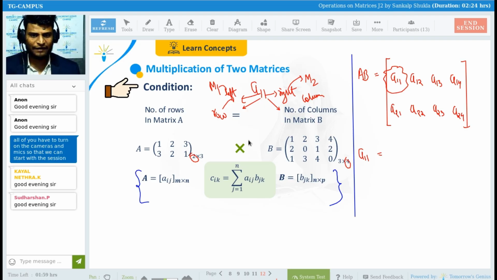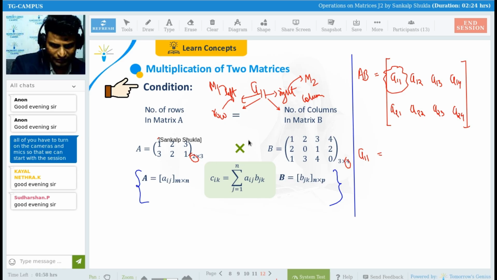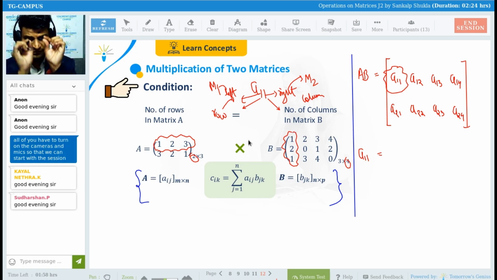So A11 means I have to pick the first row from matrix 1 and the first column from matrix 2. The first row is 1, 2, 3 and the first column is 1, 2, 1. I have to multiply the corresponding elements and then add them.